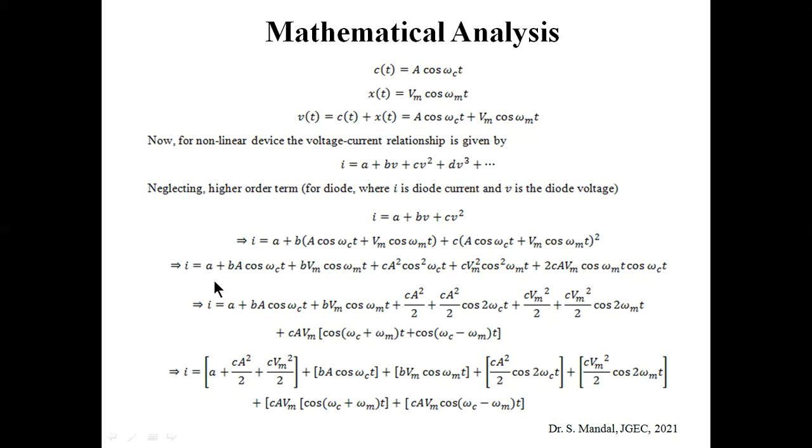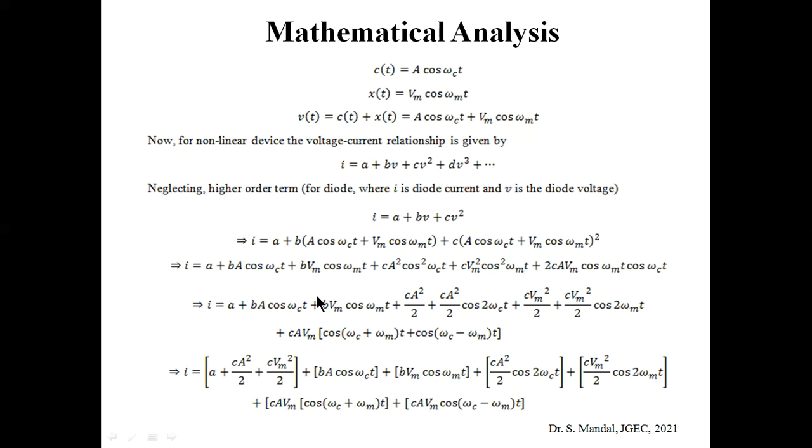Now if we elaborate all these terms, it can be expressed as a plus b into A cos omega ct, b Vm cos omega mt, c A square cos square omega ct, c Vm square cos square omega mt plus 2 c A Vm cos omega mt into cos omega ct. And a plus b whole square, that is a square plus b square plus 2ab. So using this formula we write this.